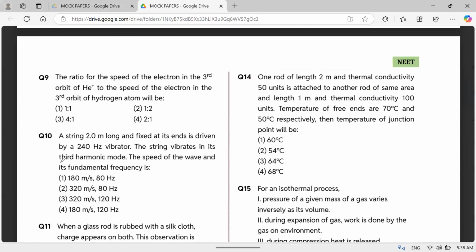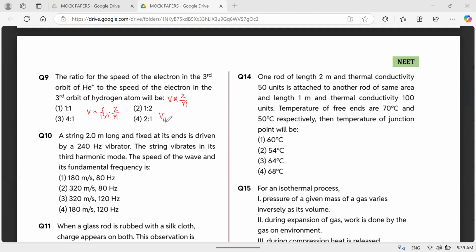Question number 9. The ratio of the speed of the electron in the third orbit of helium plus to the speed of the electron in the third orbit of the hydrogen atom. Faster, anyone? What is the speed relation in atoms? V is equal to C by 137 into Z divided by n. So that means V is directly proportional to atomic number and inversely proportional to n.